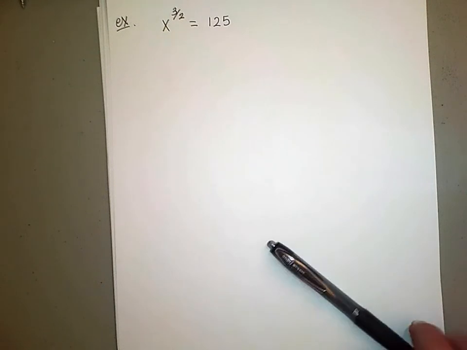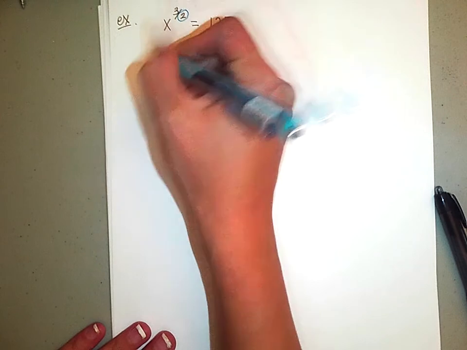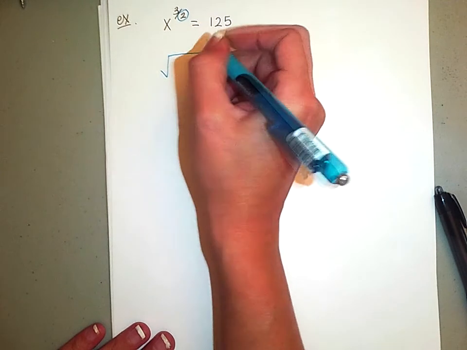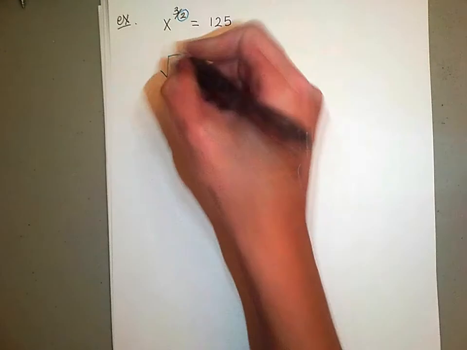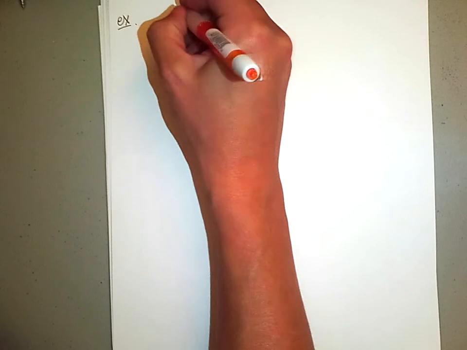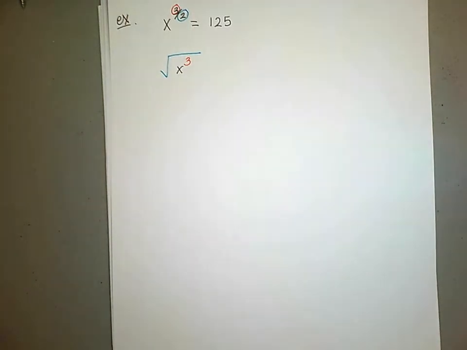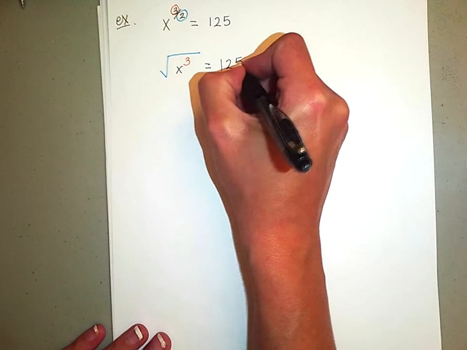So again, let's write this out in radical form so we know exactly what we need to do to this. Okay? This means I'll be taking the square root of x, the square root of x, and let's put our cubed underneath. Okay, from here is equal to 125.